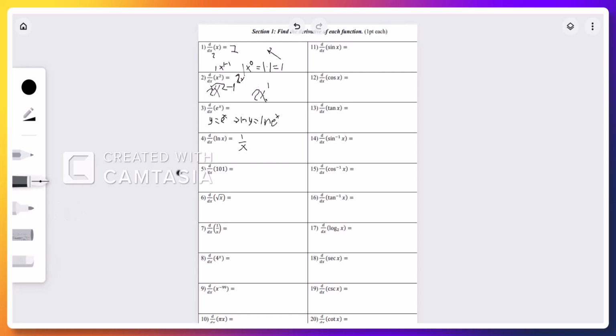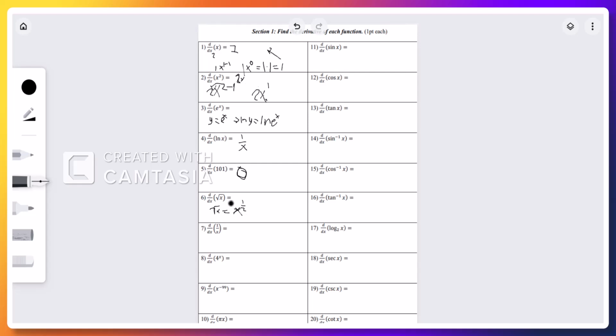For the derivative of 101, you can derive a constant, but it's going to be 0 because there's no variable. For the derivative of the square root of x, the square root of x equals x to the 1 over 2.